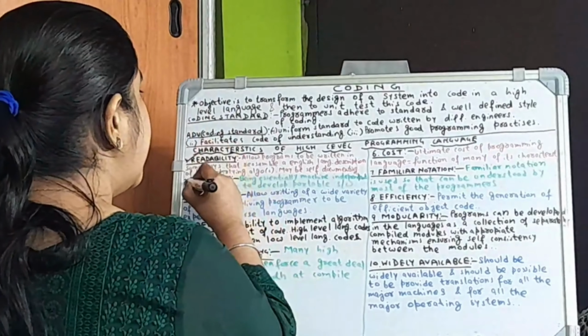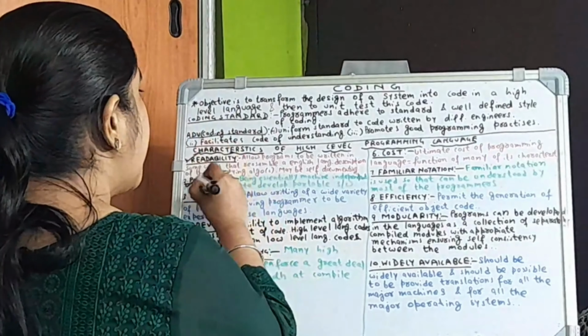Now the next one is portability. Being essentially machine independent, it should be able to develop portable software. It should be machine independent, that is, whatever code we are writing, we can run it on different systems. As I have already told you, it should be environment friendly. You can run this on one machine or another machine.